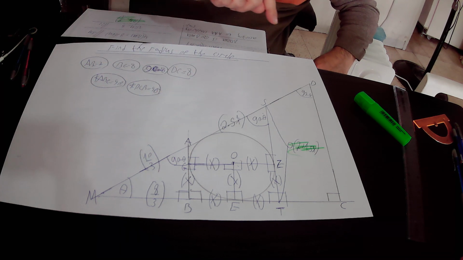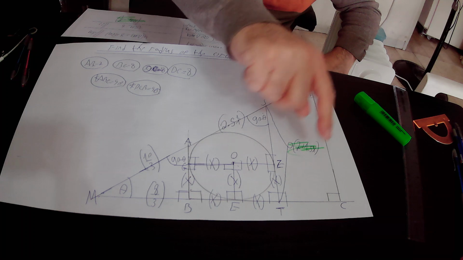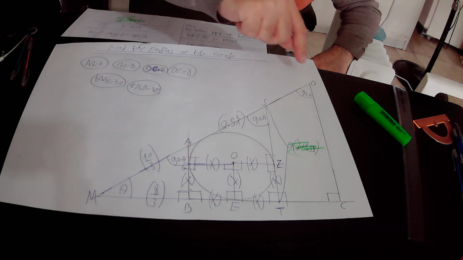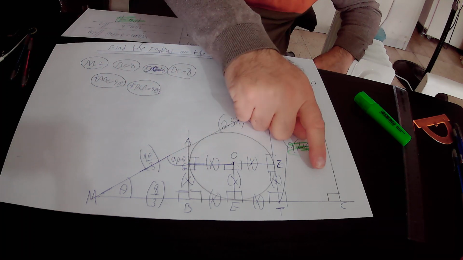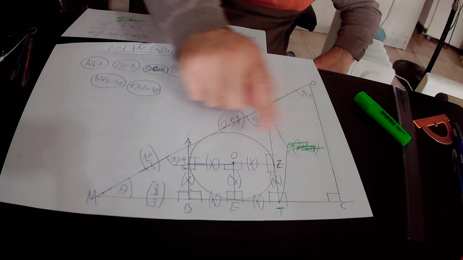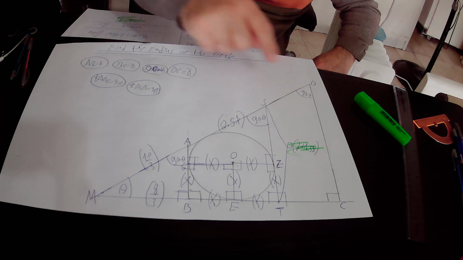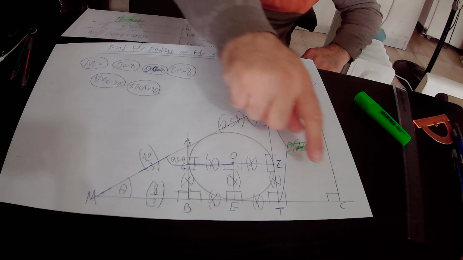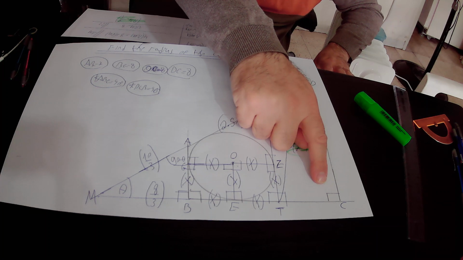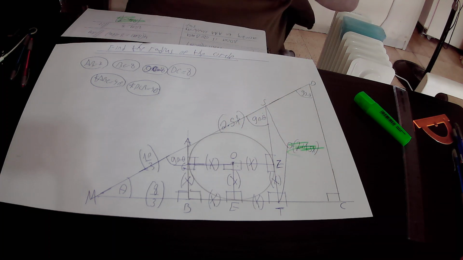We focus on the big right triangle DCM. In this triangle, this angle equals 90 degrees, this angle equals theta, therefore the missing angle must equal 90 degrees minus theta. Why? Because 90 degrees minus theta plus theta is 90 degrees, and 90 degrees plus 90 degrees equals 180 degrees, the sum of the angles in any triangle.